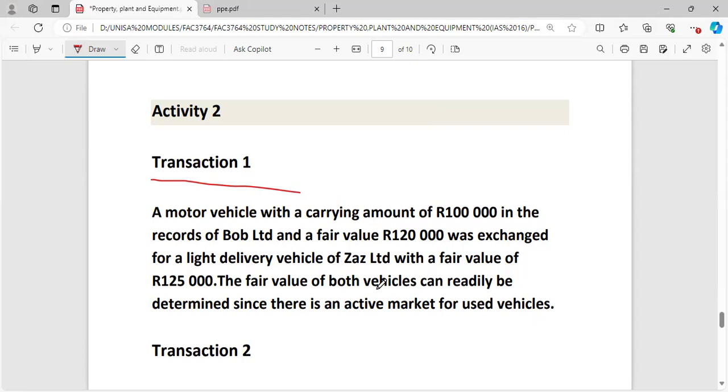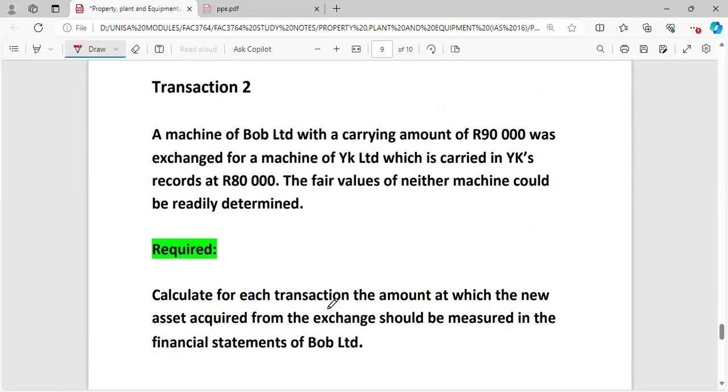The fair value of both vehicles can be readily determined since there is an active market for used vehicles. So the question requires us to calculate for each transaction the amount at which the new asset acquired from the exchange should be measured in the financial records of Bob Limited.